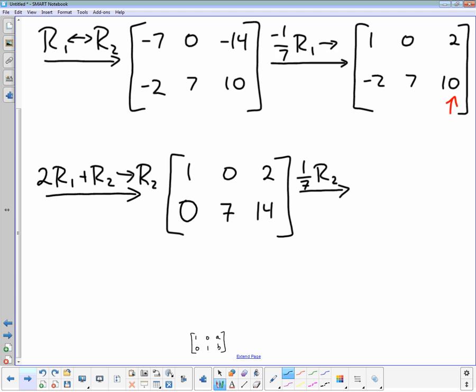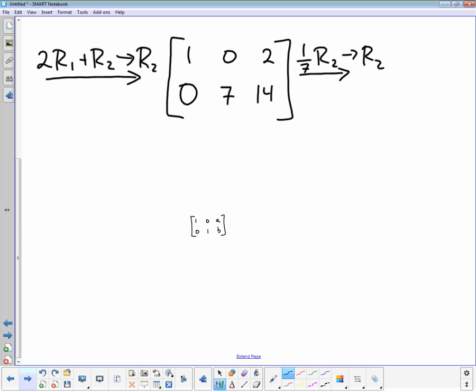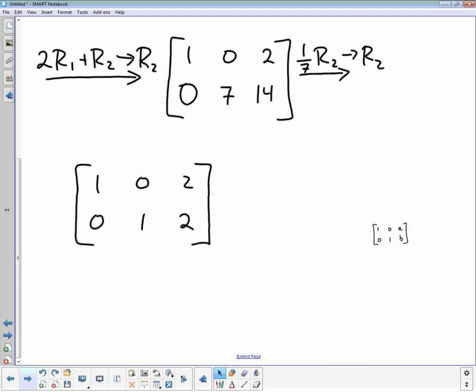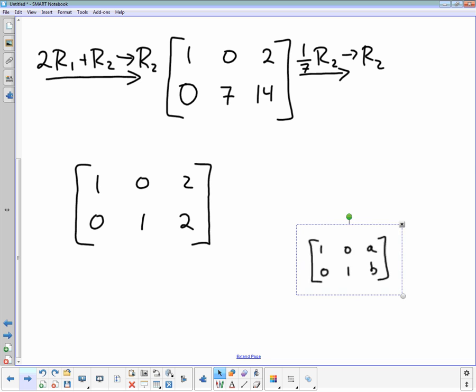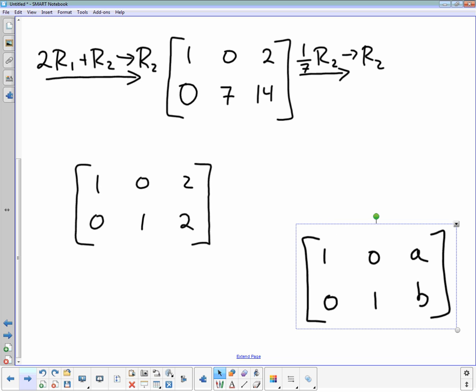Onto row 2. I have to tell you where it's going. And that, my dear friends, was the goal.